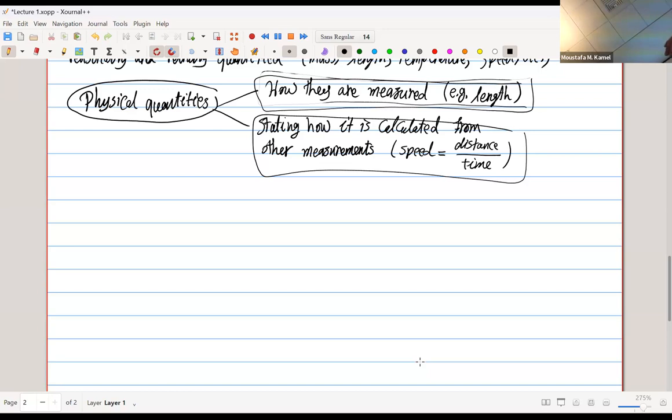Exactly. But even before talking about standardized units, measurement is just a comparison, right? You compare two physical quantities of the same type. For example, the length of this pen. I can come up with this eraser and say, okay, I have 2.5 erasers in this pen, right?